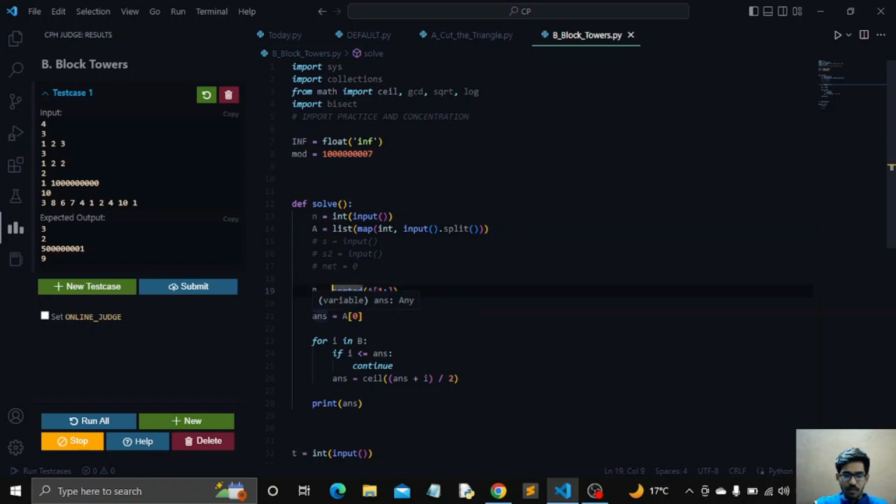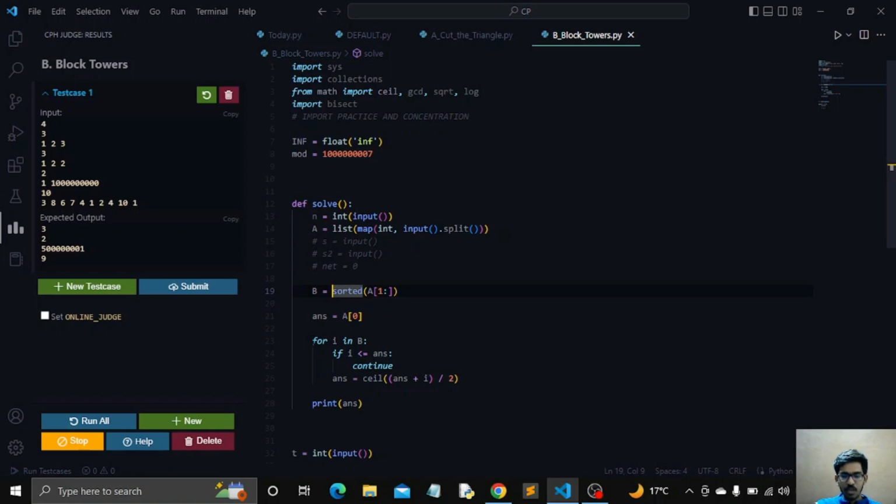Then we have initialized our answer variable, which will initially be the height of the first tower, and then we are sorting the heights of all the remaining towers starting from the second tower, in ascending order. As we already discussed, it is always optimal to move in increasing order, one by one.